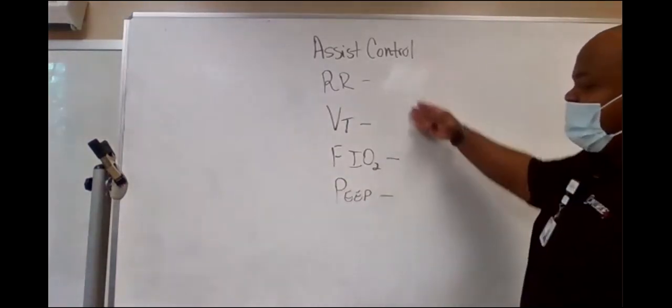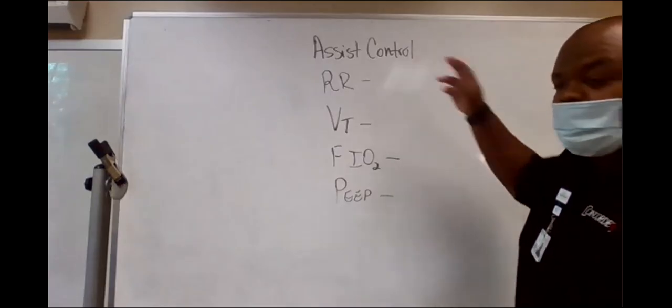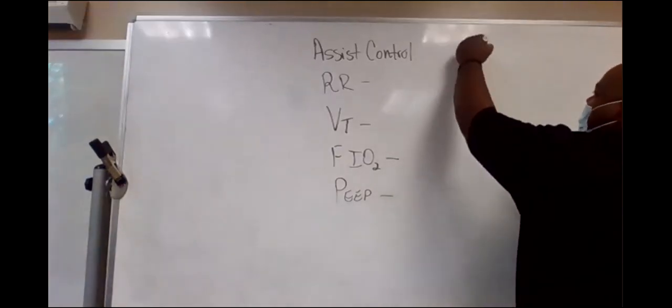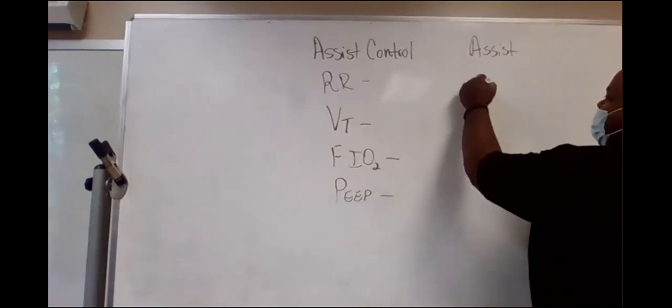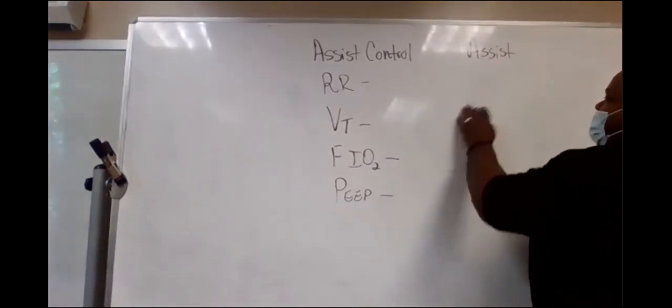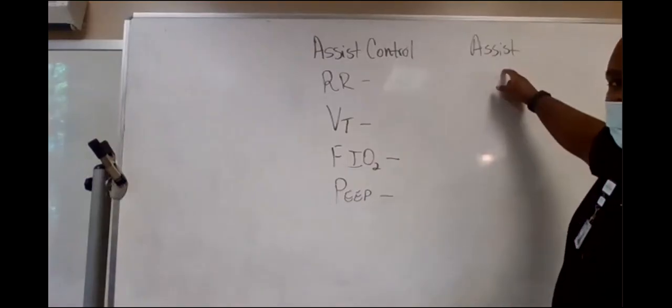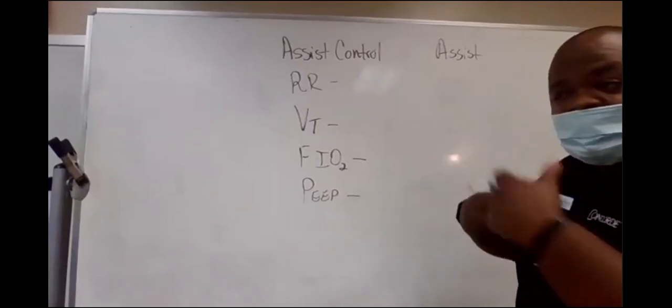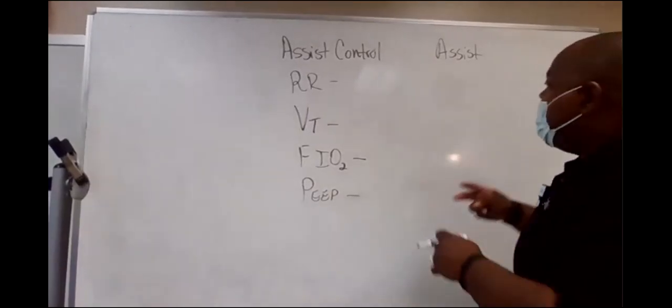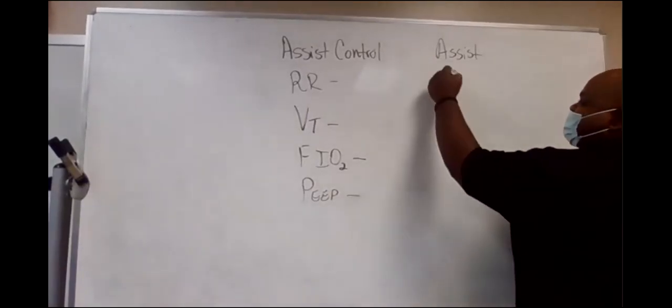Okay, those are the things we give with assist control. In assist mode, we don't give anything, as a matter of fact. Assist mode is what we use for IPPB, right? You don't give them a rate, you're not giving them a volume. The only thing we do is set a pressure.